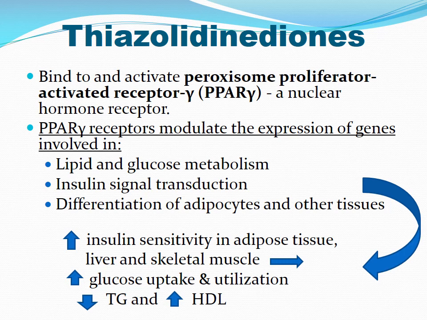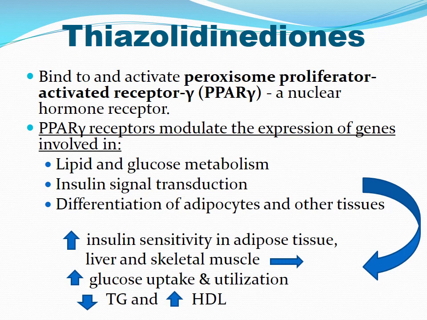Thiazolidinediones bind to and activate the peroxisome proliferator-activated receptor, which is a nuclear receptor. This receptor will modulate the expression of genes involved in lipid and glucose metabolism, insulin signal transduction, and differentiation of adipocytes and other tissues.